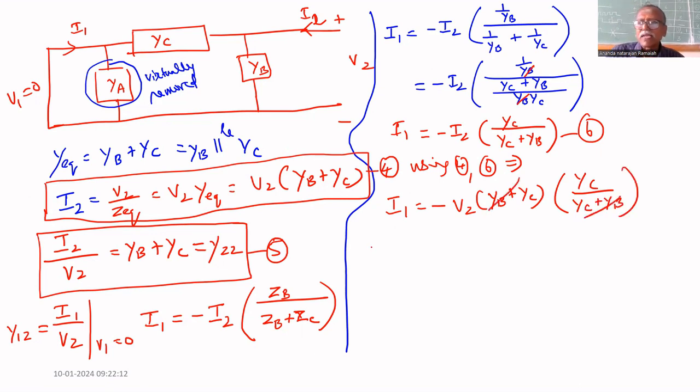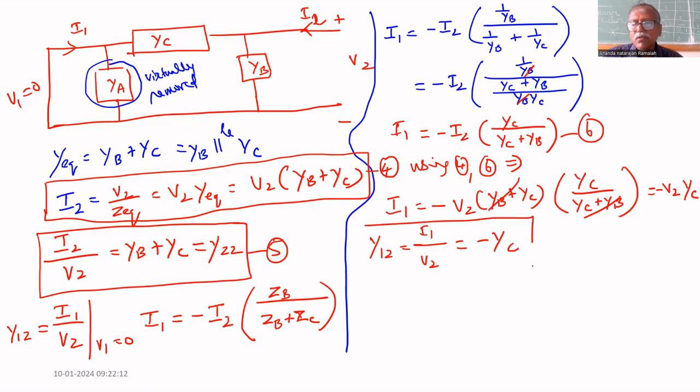YC plus YB getting cancelled. Therefore, I1 equal to minus V2 YC. Therefore, Y12 equal to I1 divided by V2 equal to minus YC. All the 4 parameters we got.